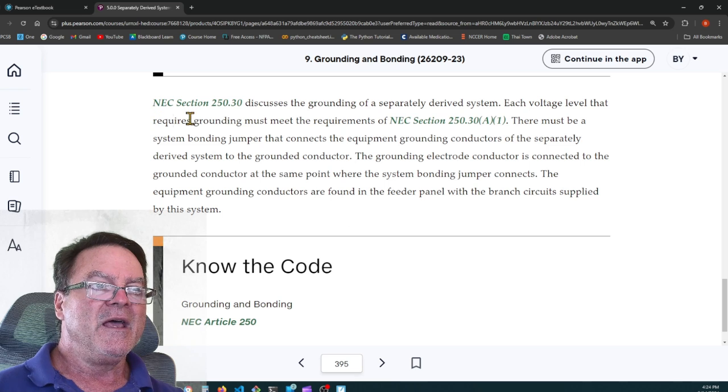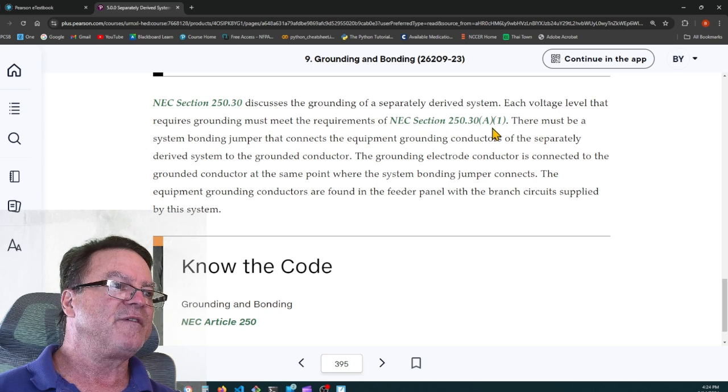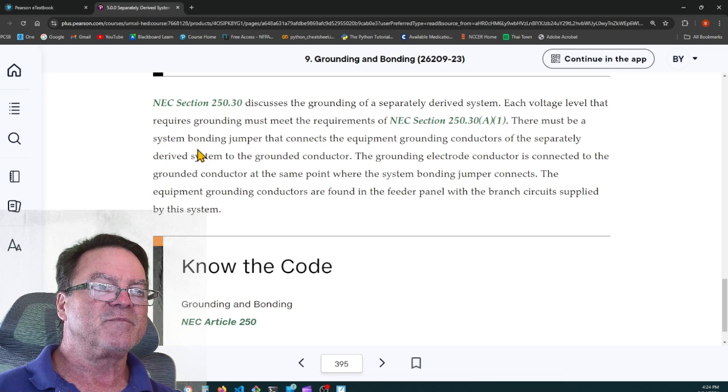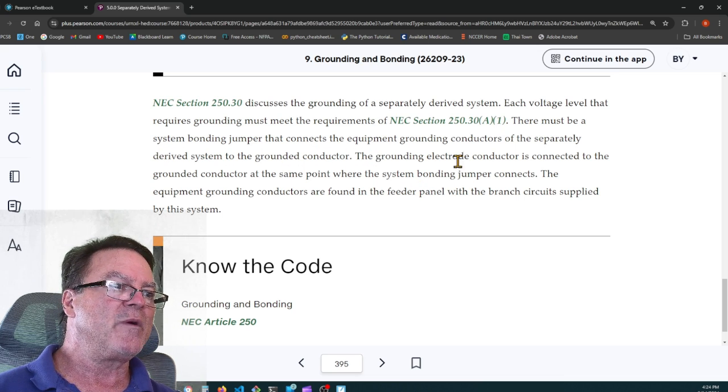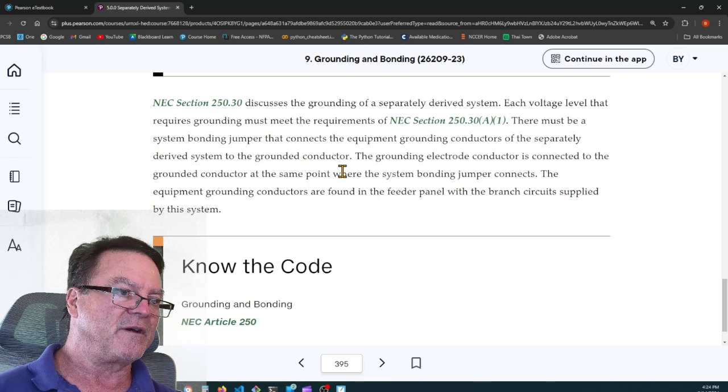All right. NEC section 250.30 discusses the grounding of a separately derived system. Each voltage level that requires grounding must meet the requirements of NEC section 250.30(A)(1). There must be a system bonding jumper that connects the equipment grounding conductors of the separately derived system to the grounded conductor.